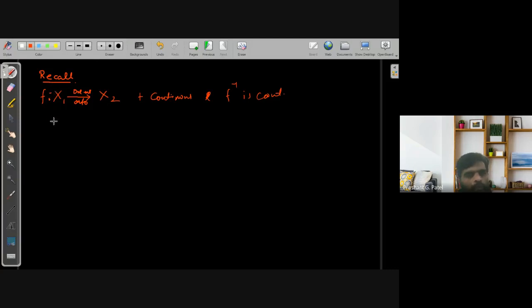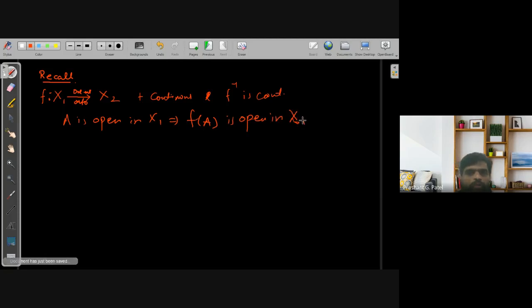We have proved that under the homeomorphism, every open subset of X1 will have its image also open in X2. That means A is open in X1 implies that f of A is open in X2.